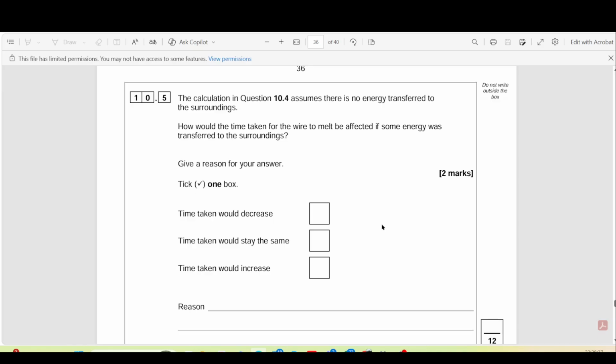Exactly, because the energy is lost as heat, so there is less energy available to heat the wire itself. So it takes a longer time for the wire to reach its melting point. So it will be this one, the time would increase.